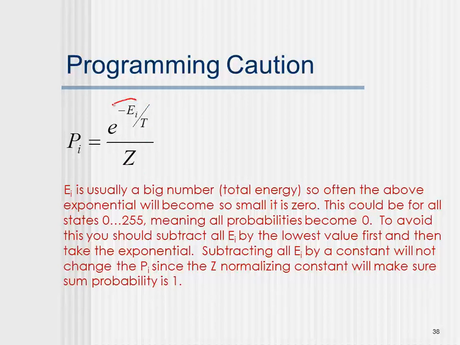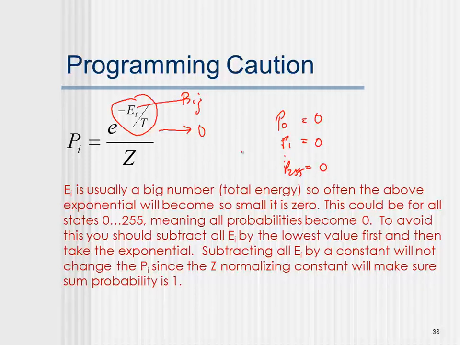One thing that you have to be very careful about is that this number is usually big, so a big negative will make this approach zero very quickly. So we have to be careful that all the probabilities, p 0, p 1 to p 255, may overflow and all become zero, and then you're not able to divide by zero obviously.